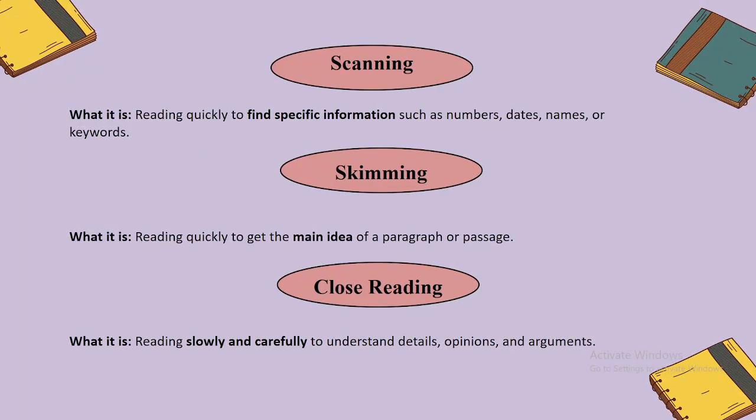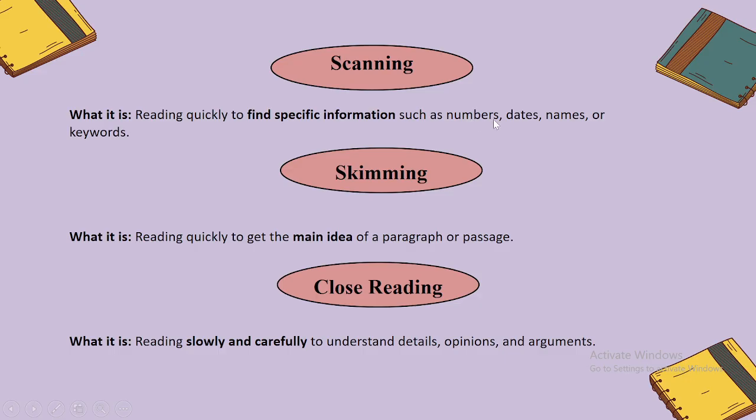Now let's talk about the strategies, tips or tricks, whatever we call them. These are the most important strategies for reading skills: scanning, skimming, and close reading. Scanning is reading quickly to find specific information such as numbers, dates, names, or keywords.